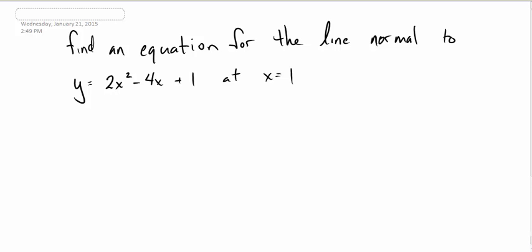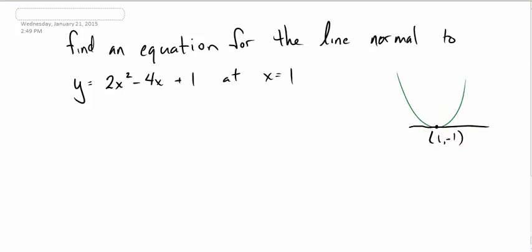I want an equation for the line normal to the curve at x equals 1. Okay, so equation for the line normal, what does that mean? Well, a normal line, so let me draw that curve again. And we found out in the last problem, this curve, x equals 1 is actually the vertex. We found that the point where that tangent meets was (1, negative 1).